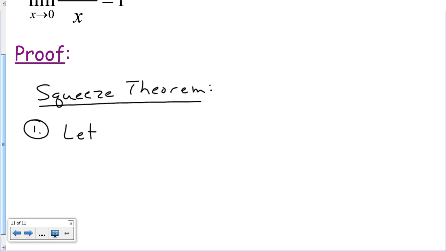We're going to let g of x be the cosine function, and we're going to let h of x be the secant function.